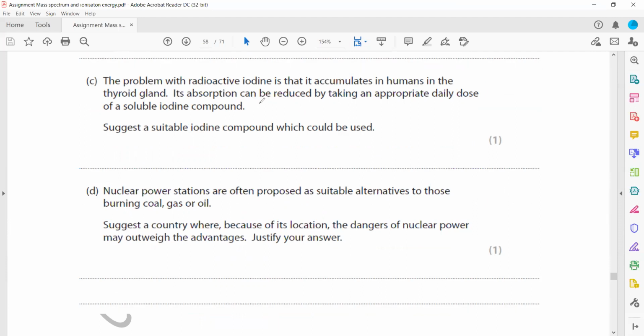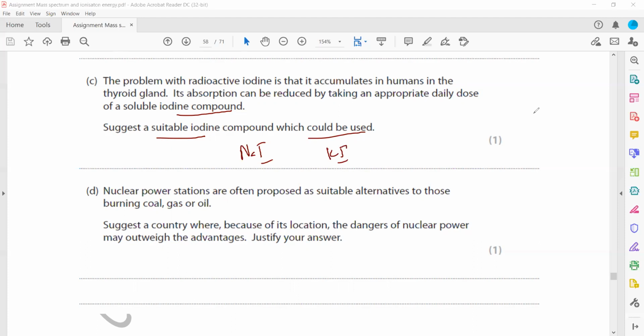Its absorption can be reduced by taking an appropriate daily dose of a soluble iodine compound. Suggest a suitable iodine compound that could be used. So we want a soluble compound. As we know, group 1 salts are all soluble. So I can say sodium iodide or I can mention potassium iodide. So any soluble compound of iodine.